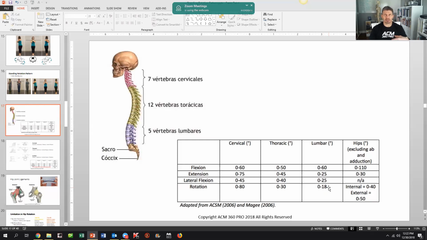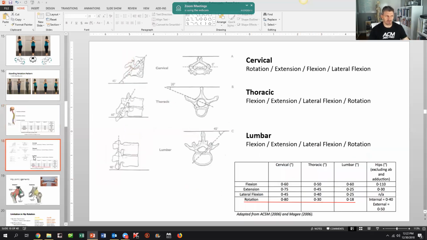So when we're looking at someone standing and rotating in the standing rotation pattern, if we're seeing excessive rotation in the spinal position past 90 degrees, or tilting, or pain, we can assume that they've lacked some rotation either in their thoracic back or their hips, because that lumbar spine is not supposed to rotate much. So anyway, it just keys you into understanding spinal movement and where these assessments fall in place.